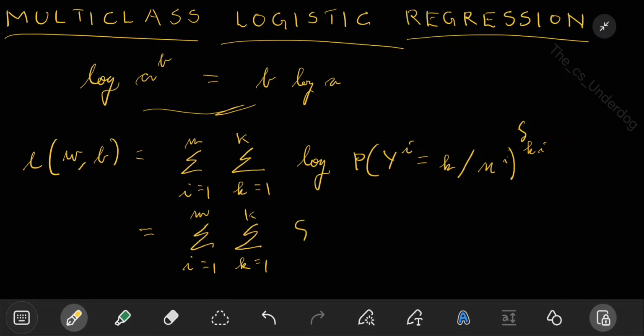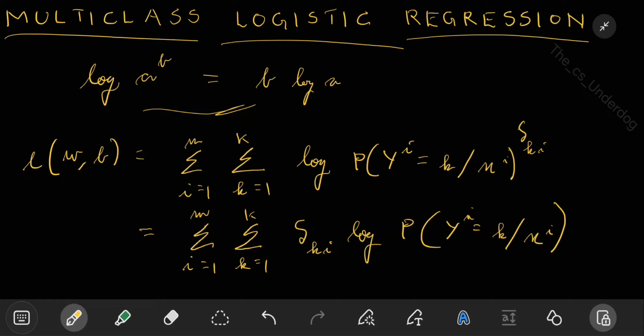So this will be delta ki log of p of yi is equal to k given xi. So this is your log likelihood.